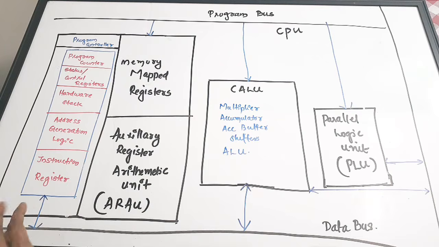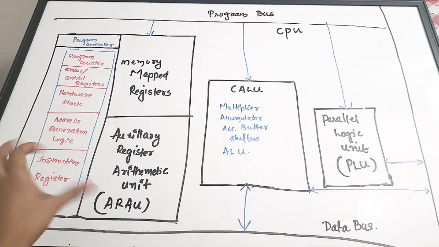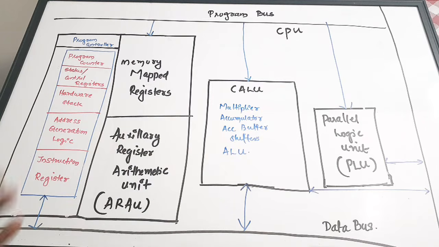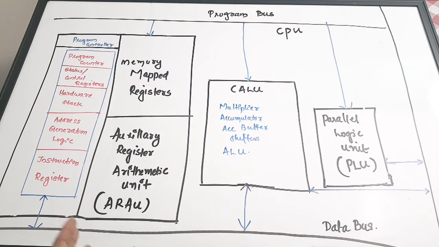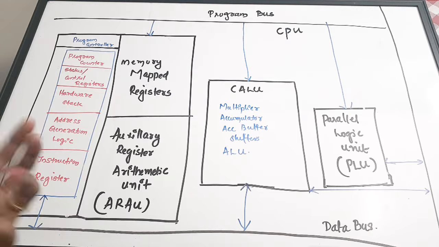All these things we do with the help of the program controller. Due to the parallelism in the architecture, the program controller can execute 3 concurrent instructions or simultaneous memory operations in a particular machine cycle. So in a machine cycle, it will be performing 3 concurrent instruction processing. That is the brief about the program controller.